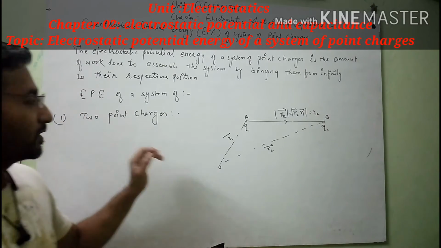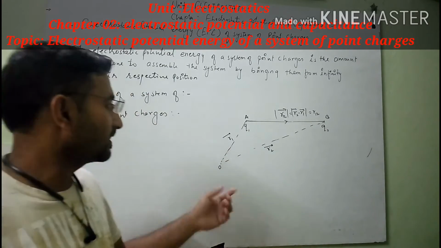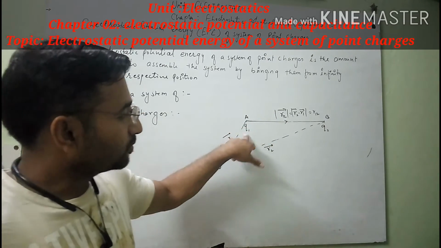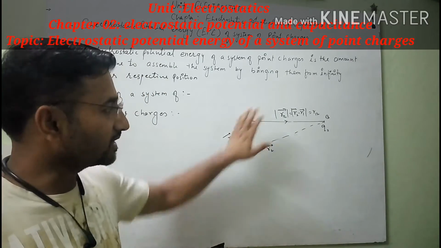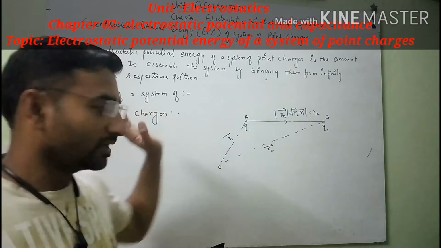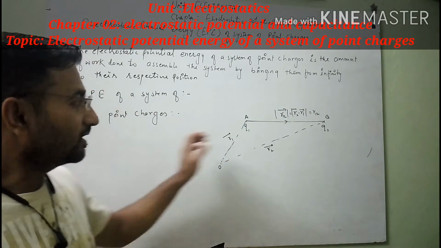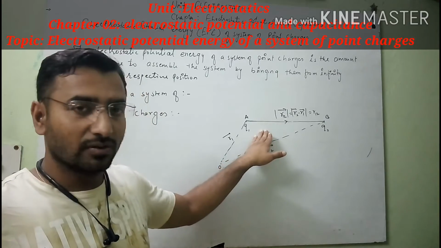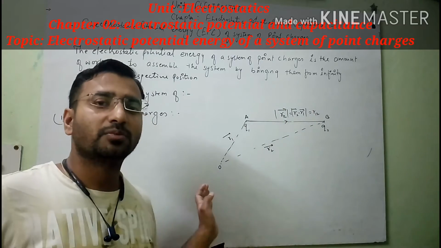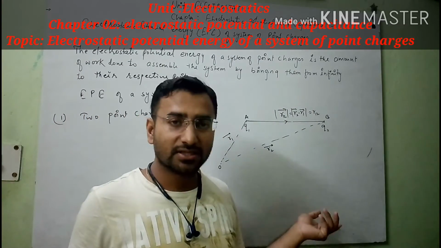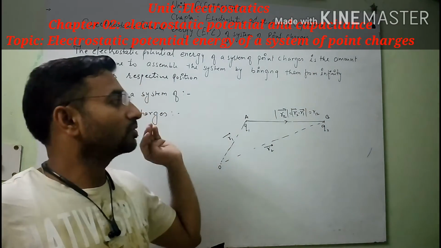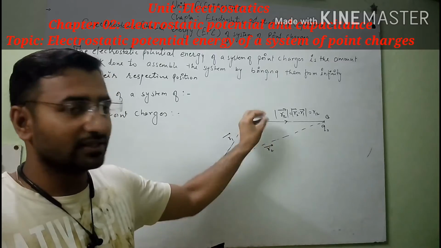So in case of 2-point charges, in a system of 2-point charges, I have 2-point charges q1 and q2. Initially they both are at infinity. When these charges are at infinity, you can either carry q1 charge from infinity to its respective position to make a system of 2-point charges, or you can carry the charge q2 from infinity to its respective position to make the same.